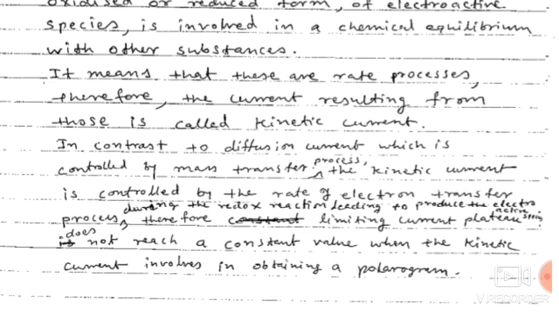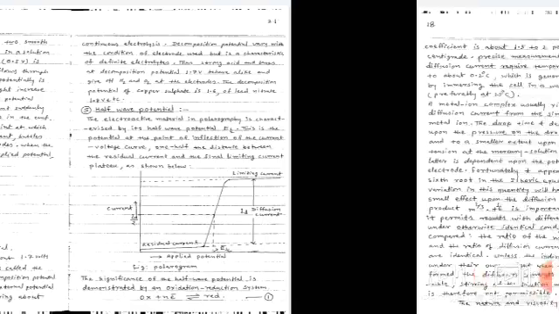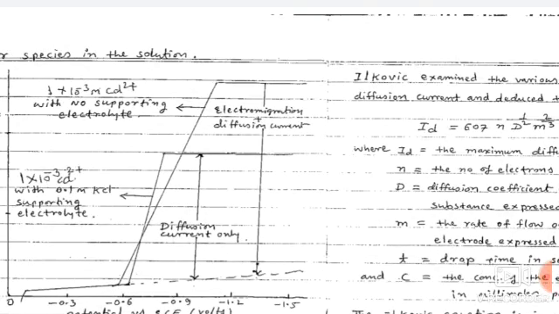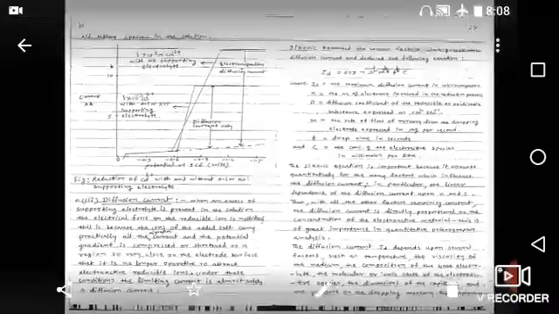So when kinetic current is introduced, we will not get the limiting current plateau, that is, a constant current is not obtained.